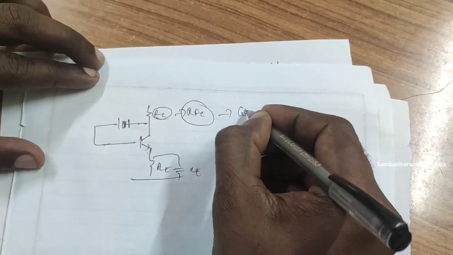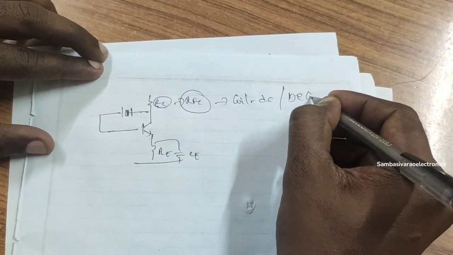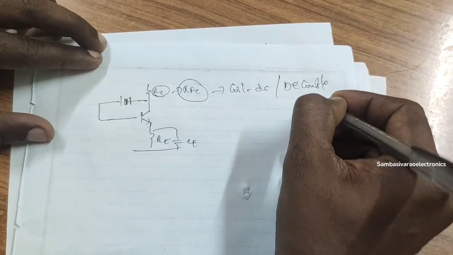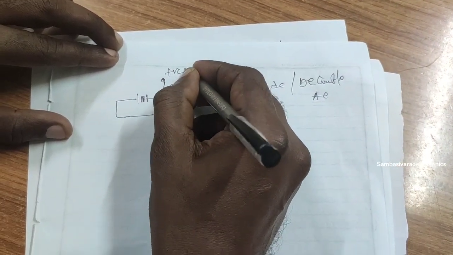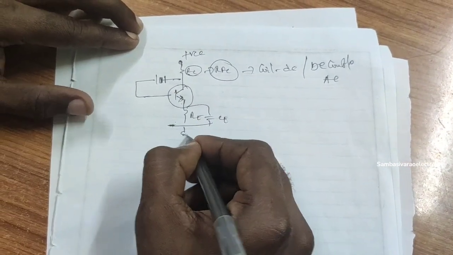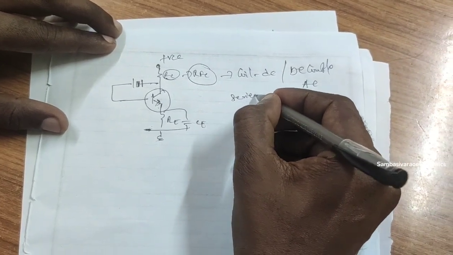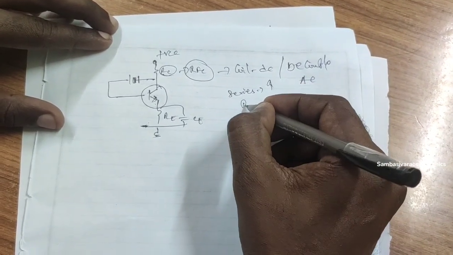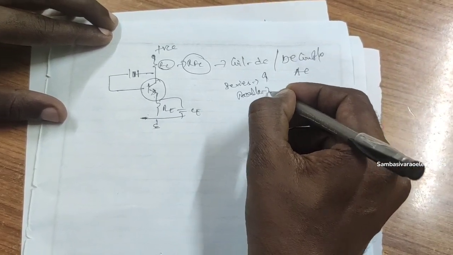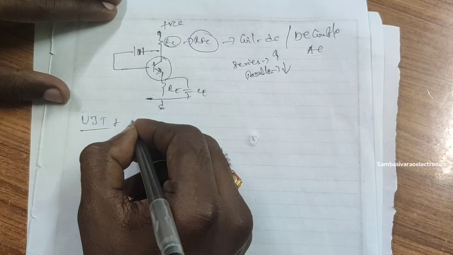The RC can be replaced by an RFC, which has a coil; it acts as a DC path while decoupling the AC signal. The supply voltage is given to the base. In series resonance we get a high frequency, whereas in parallel resonance we get a low frequency. This is the crystal oscillator.